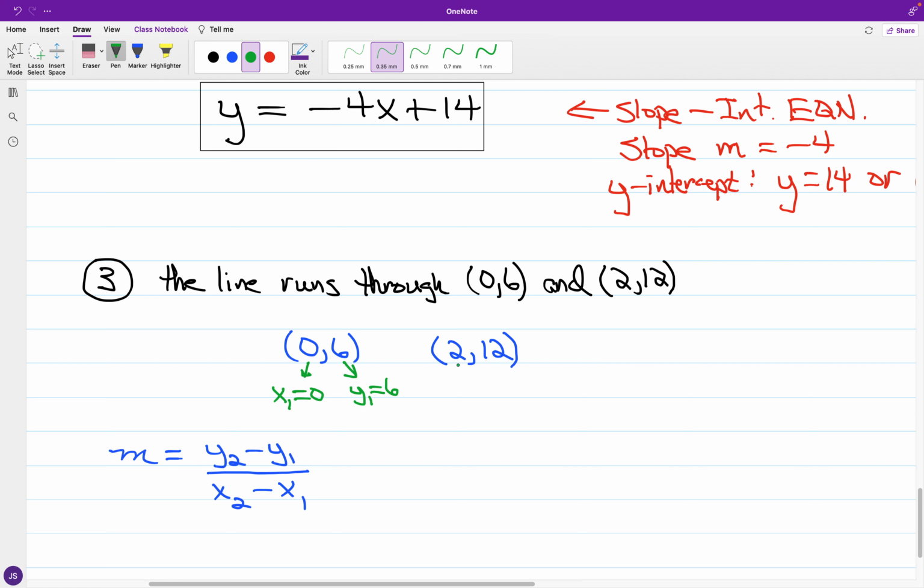With (2, 12) given subsequently, let's say that 2 is the second x and 12 is the second y.